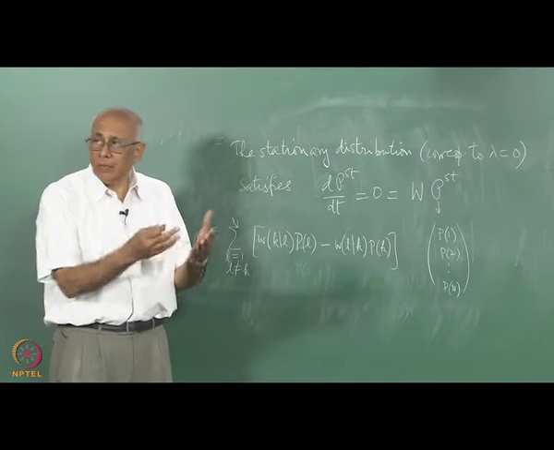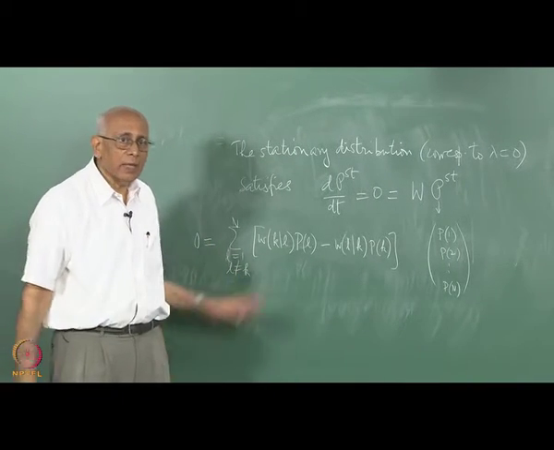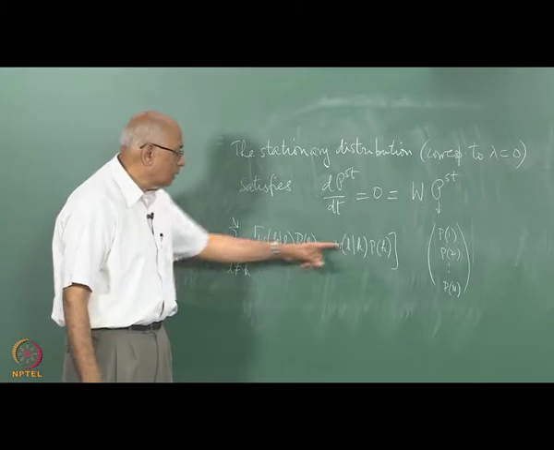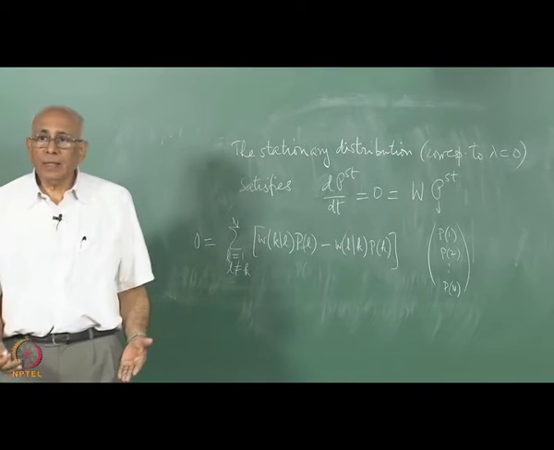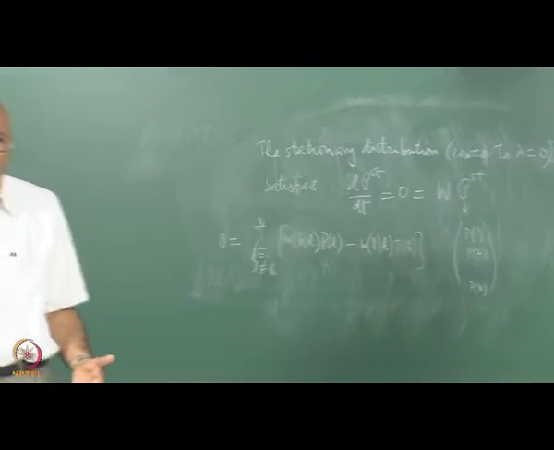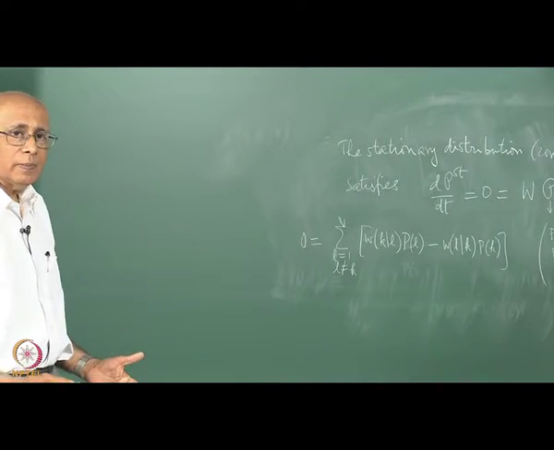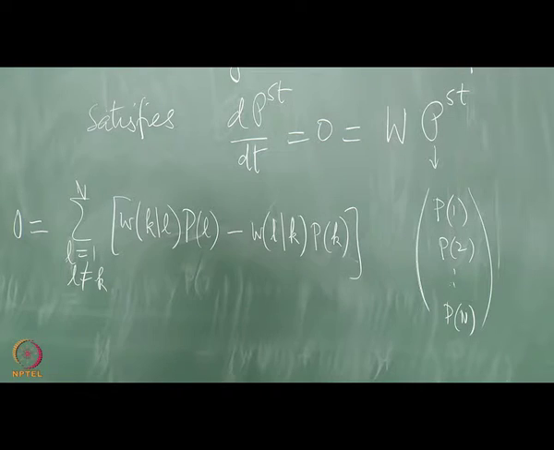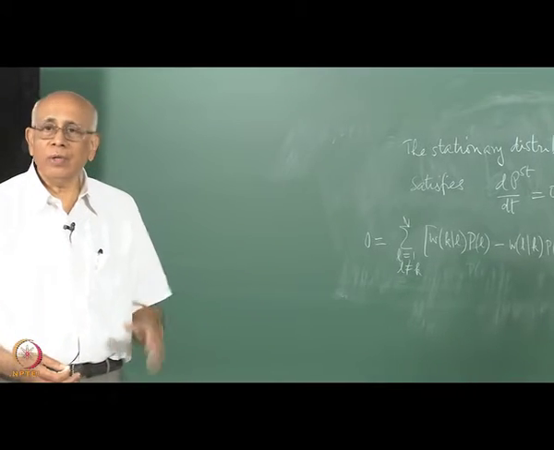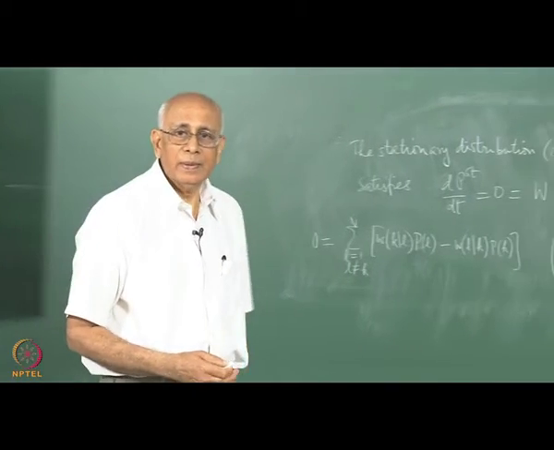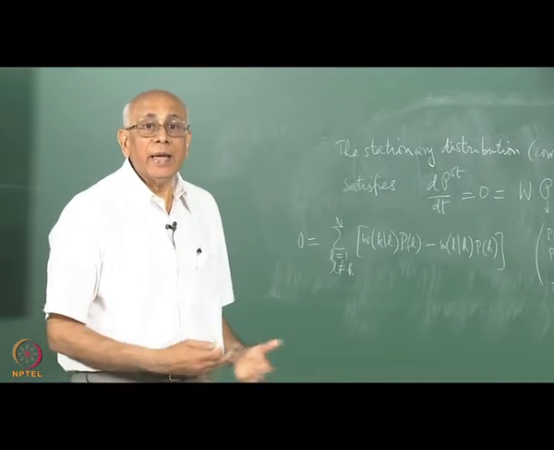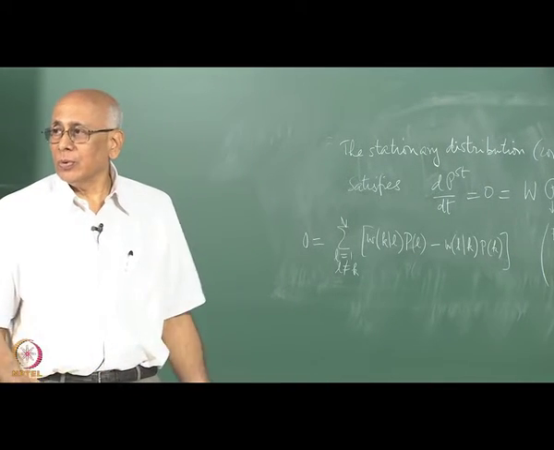Again it is a coupled set of simultaneous equations, linear in all these quantities. Is there a guarantee that this will have a non-trivial solution? It is a set of homogeneous equations, and when does a set of simultaneous homogeneous equations have a non-trivial solution? When the determinant is 0, which indeed it is, we know determinant W is 0, right.